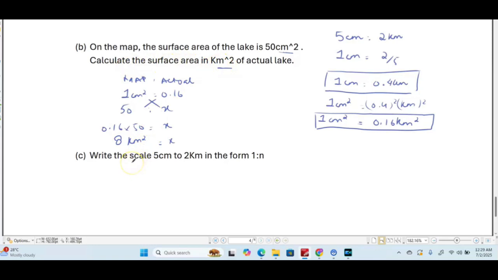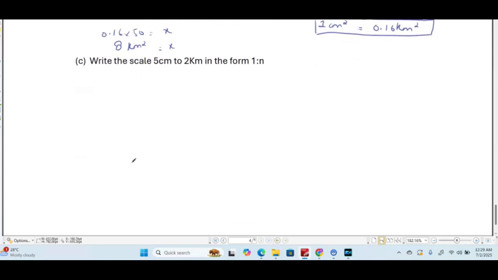Now in the next question, what they demand is write the scale 5 centimeter to 2 kilometers in the form of 1:n. So this question practically covers every aspect of this topic. So we knew that 5 centimeters is equal to 2 kilometers. So the 2 kilometers have to be converted into centimeters.